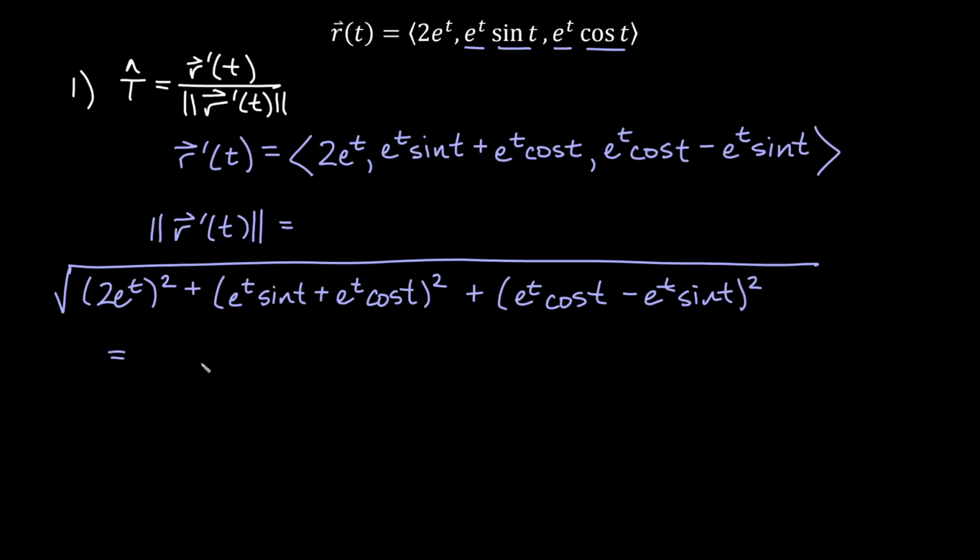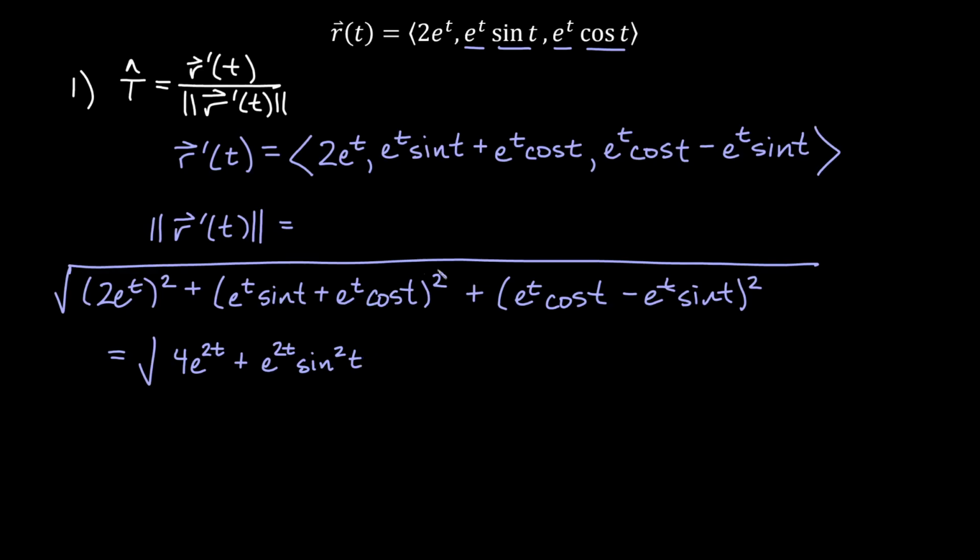So that is going to be the square root of, if we square the first one, we'll get 4 e to the t times e to the t is e to the 2t, so just be careful there. Now here we'll have two copies. We'll need to FOIL or distribute them into each other. So we'll have e to the t sine t times itself, which would give us e to the 2t sine squared t.